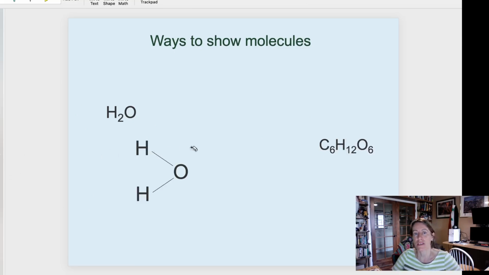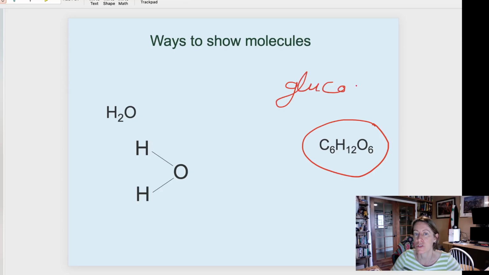So here is another structural formula over here. This is a molecule that we're going to get to know pretty well in this class. This is glucose. It's a sugar, otherwise known as blood sugar. This is the sugar that dissolves in your bloodstream and is transported around your body and used for energy. So in a single molecule of glucose, you need 6 carbon atoms, 12 hydrogen atoms, and 6 oxygen atoms.